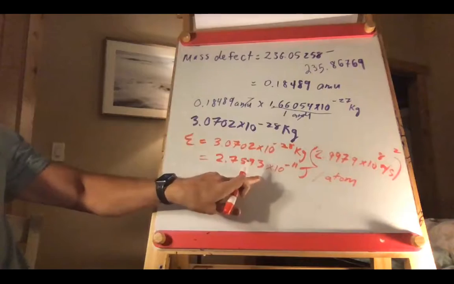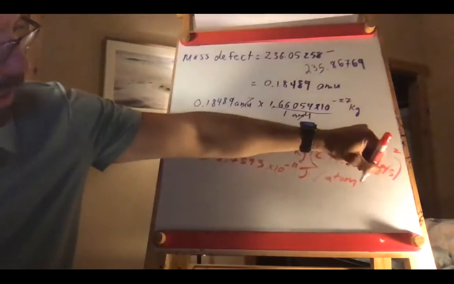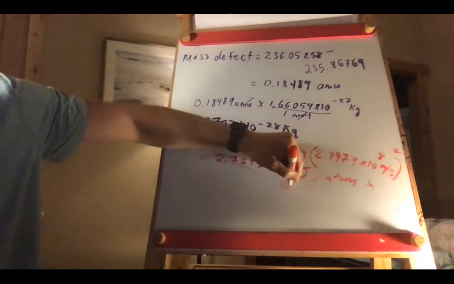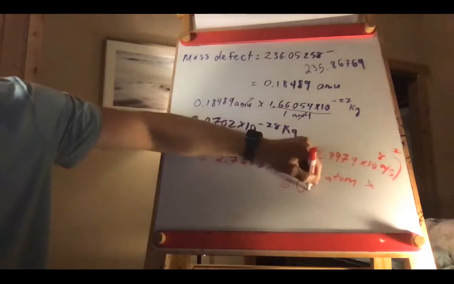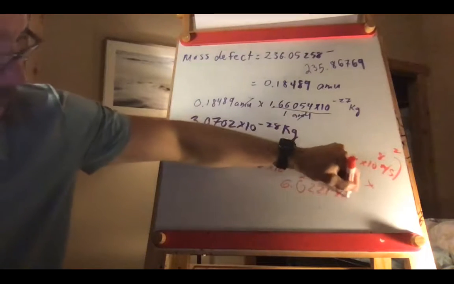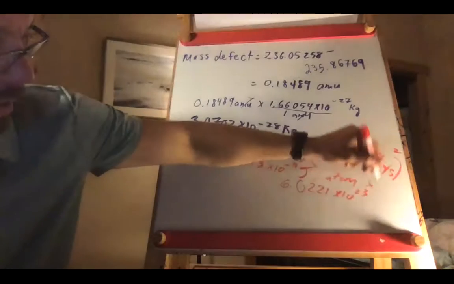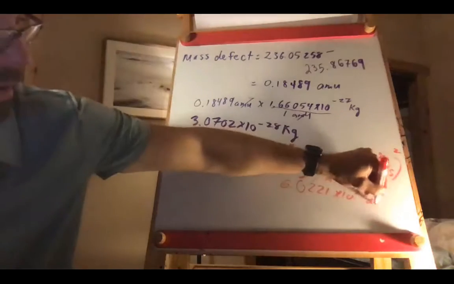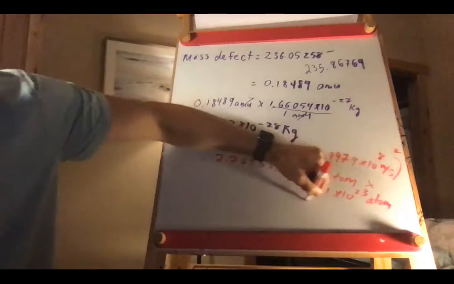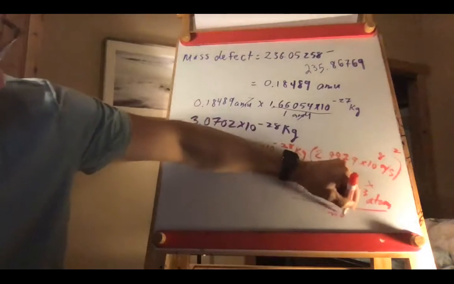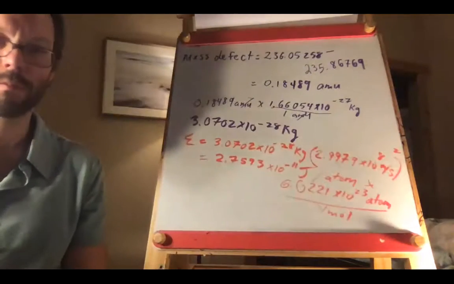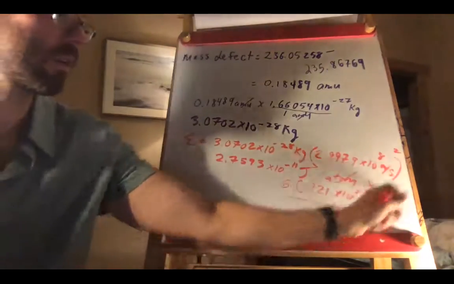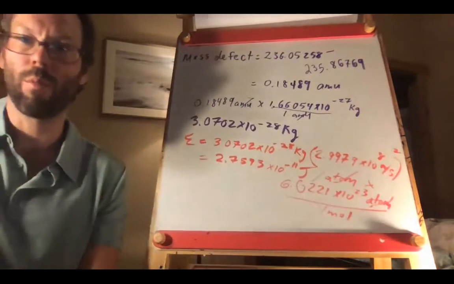So we take this and multiply it by 6.0221 times 10 to the 23rd atoms per 1 mole. That's going to cancel our atoms and give us joules per mole.